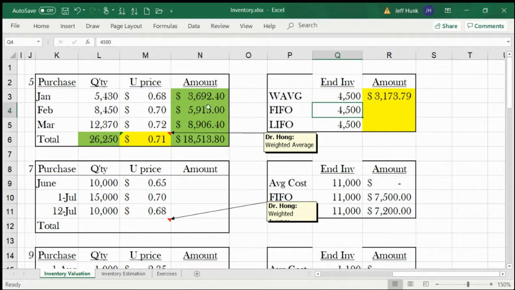Last batch. So if you use that assumption, then you might think, oh, 4,500 must have come from this, so we will apply this price. Yes, that's fine. That's not wrong, okay?